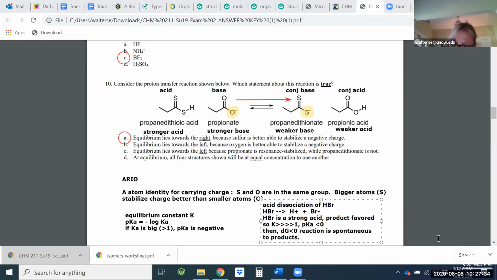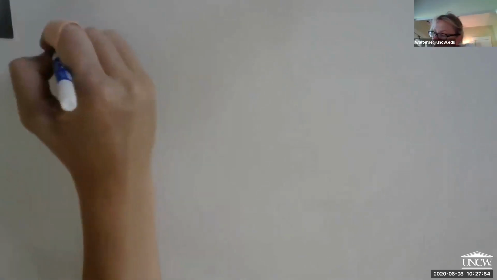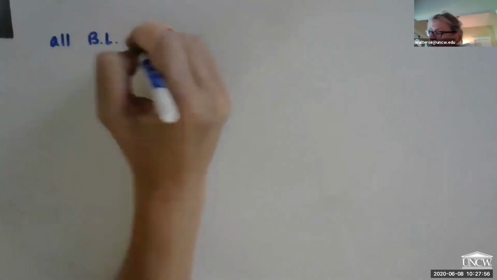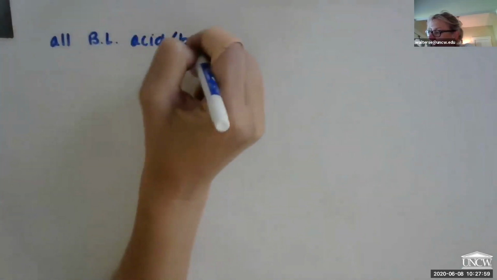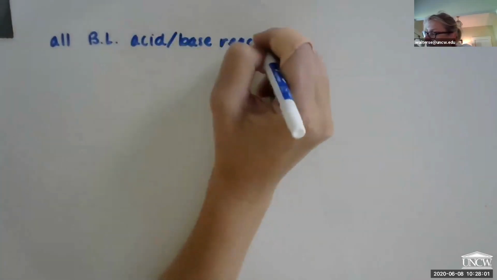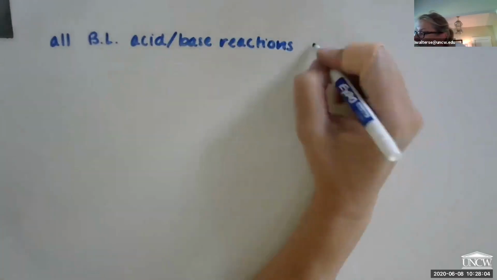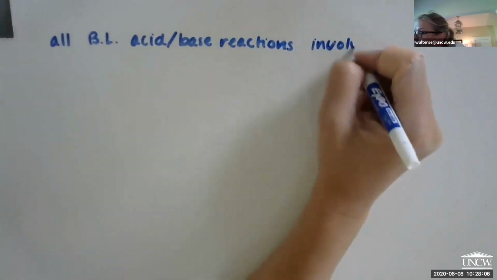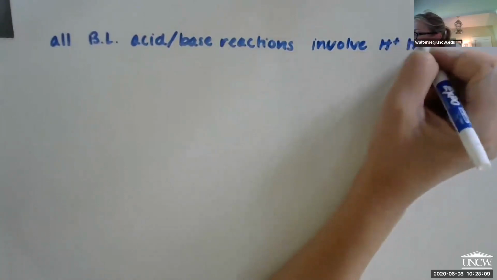Okay, Carter's question: will you go over how to distinguish between Bronsted-Lowry acids and Lewis acids? Sure. That is going to be with respect to whether or not a proton is involved. So all Bronsted-Lowry acid-base reactions involve proton transfer.